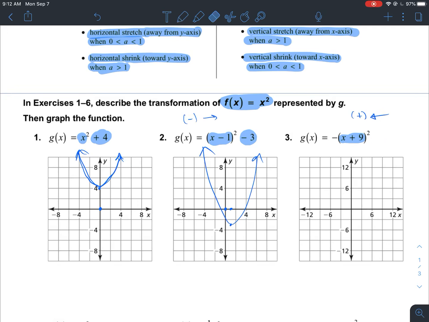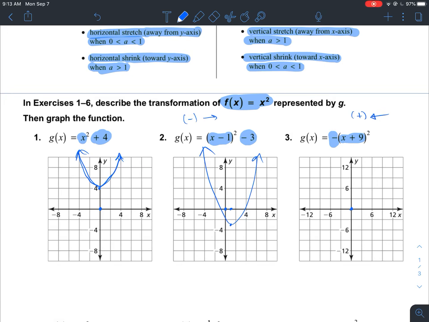What we do have is this negative right here, which whenever it happens outside of the parentheses is a vertical reflection across our x-axis. So first of all, let's plot our vertex. f of x squared starts at 0, 0, and then we're saying that we're going to the left 9 units.